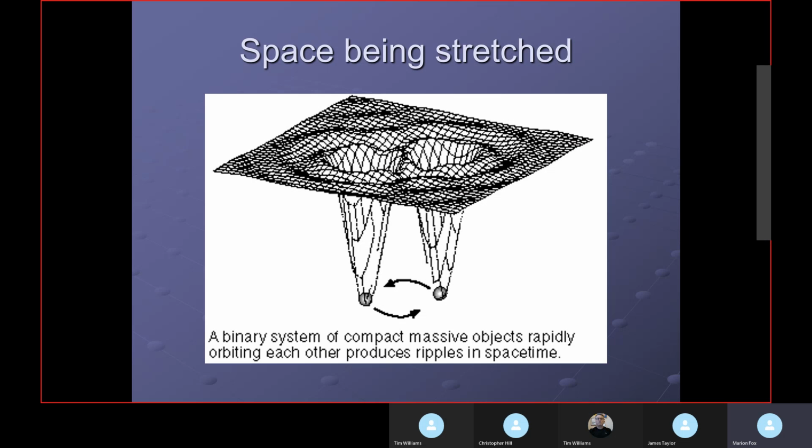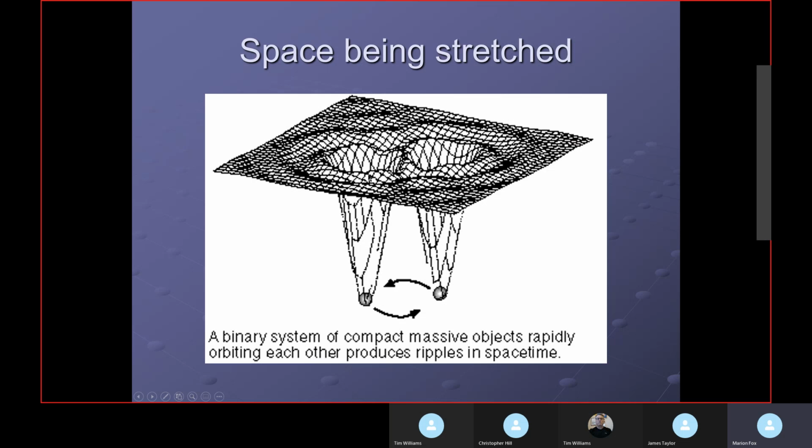diagram that I copied off the internet of two massive objects. This would be two big stars, or maybe neutron stars, rotating around each other, and they cause ripples in space. We can see it because of how it affects the light that comes through it. And so this actually warps space itself.